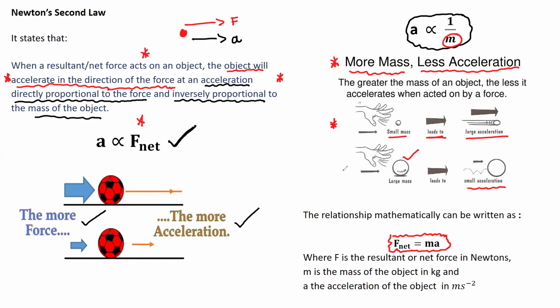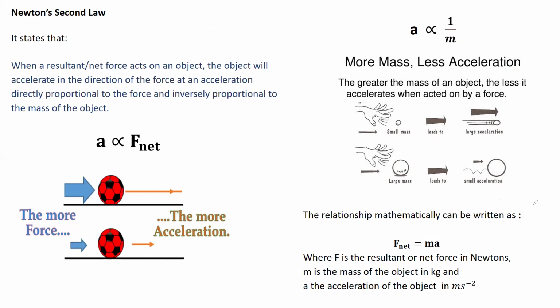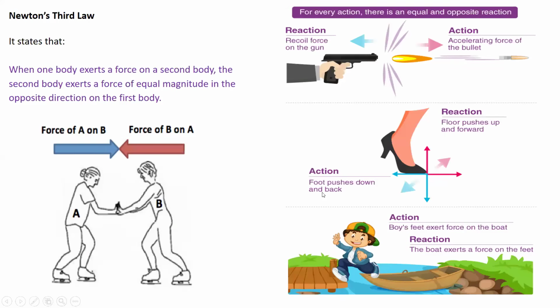More force, more acceleration. Less mass, more acceleration. So that's Newton's second law. Again, they need you to state it. In our calculations, we use Newton's second law more than any other law. It's the one with the formula.